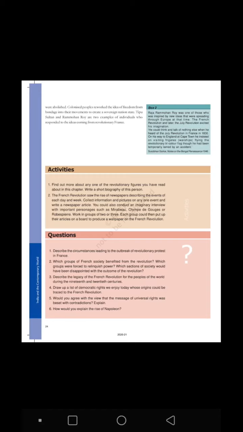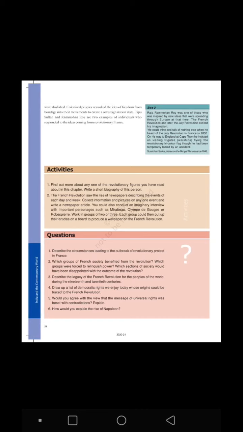You could also conduct an imaginary interview with important personages such as Mirabeau, Olympe de Gouges, or Robespierre. Work in groups of two or three. Each group could then put up their articles on a board to produce a wall newspaper on the French Revolution.